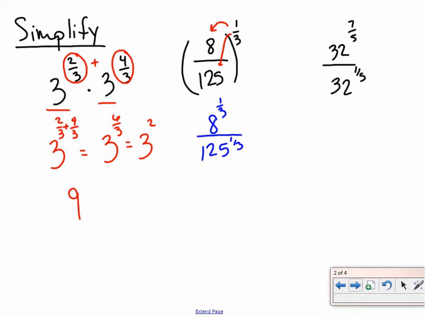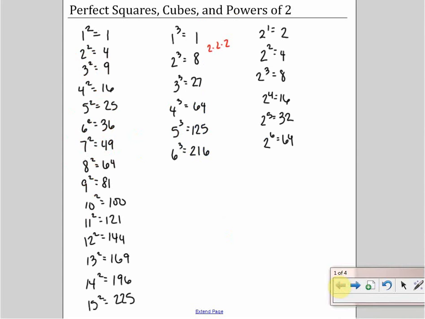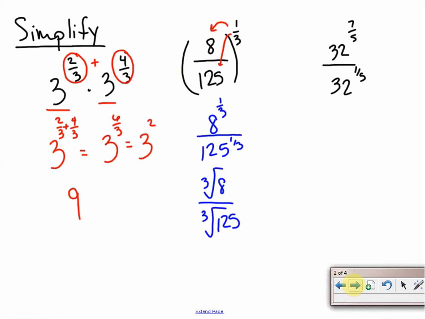And the 1/3 power is a cube root. So this is the cube root of 8 over the cube root of 125. Looking back at our list, I know that 2 cubed is 8 and 5 cubed is 125. So the cube root of 8 is 2 and the cube root of 125 is 5.